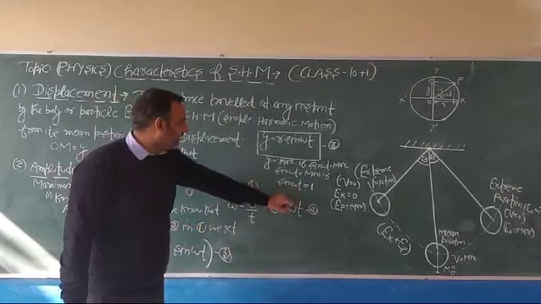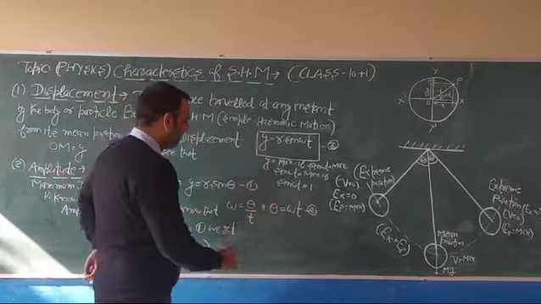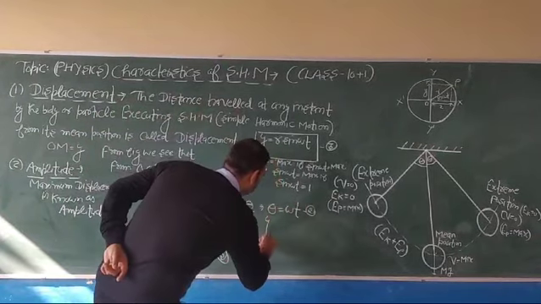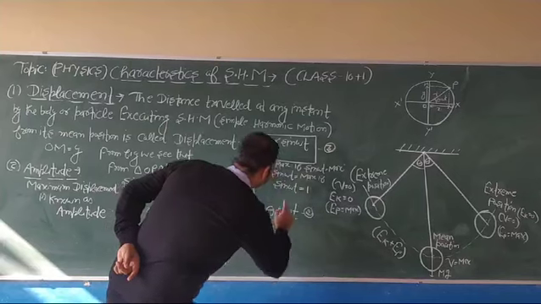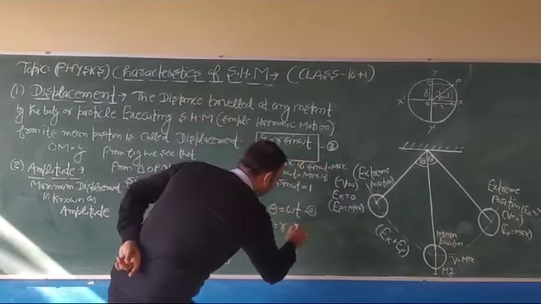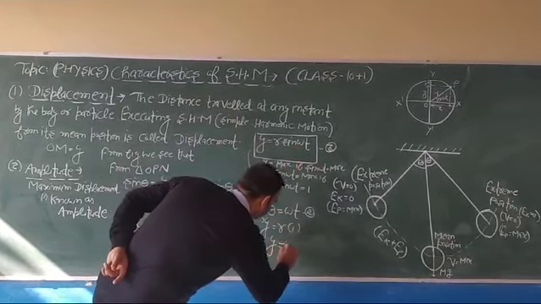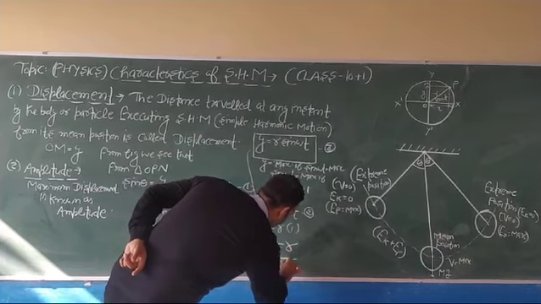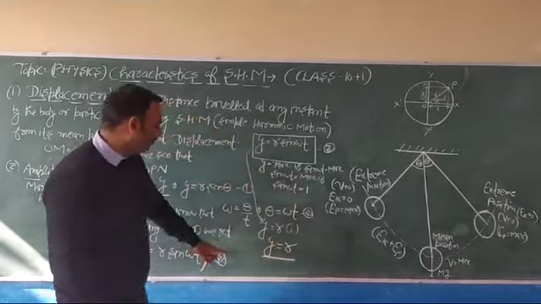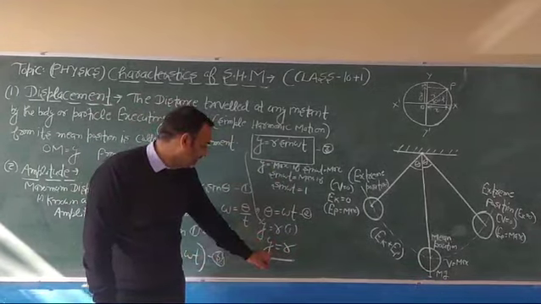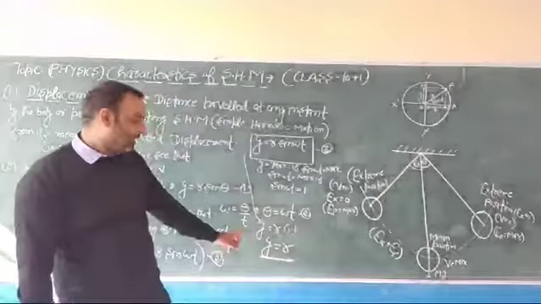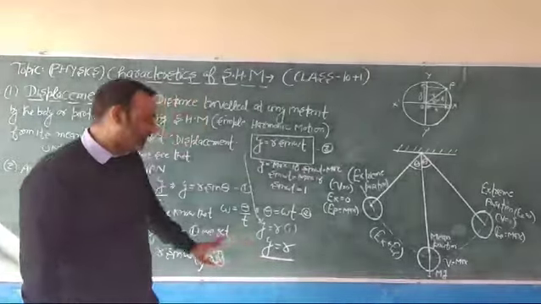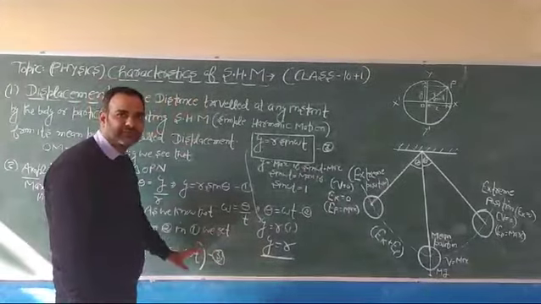If sin omega t is 1, then y is maximum. So putting this value, y is equal to r, since sin omega t is equal to 1. So this is known as the maximum displacement. Y is equal to r, so r represents the amplitude of the particle executing simple harmonic motion, the maximum displacement.